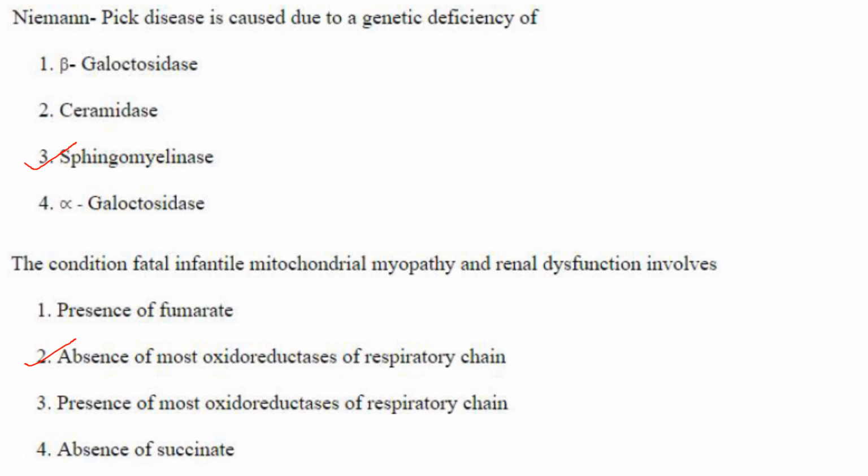Then next one, Niemann-Pick disease is caused due to genetic deficiency of. Niemann-Pick disease is a group of genetic disorders affecting lipid metabolism. It is caused due to genetic deficiency of sphingomyelinase. Answer is option 3.